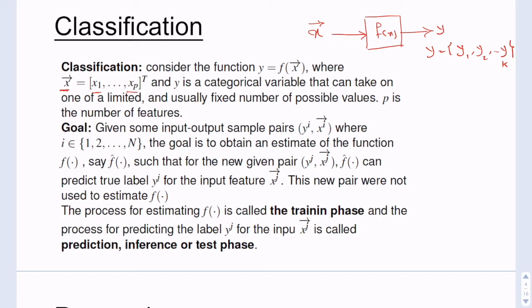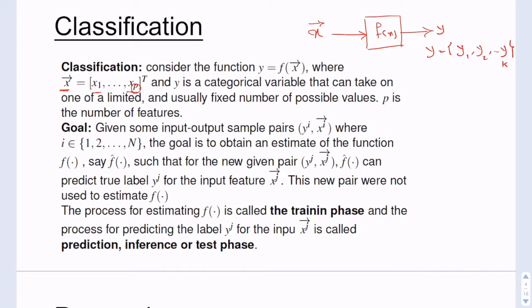We only consider that we have collected p features as an input to a classification, and based on these features, which we collected from a phenomenon, we want to find the label that this object belongs to. That is classification.